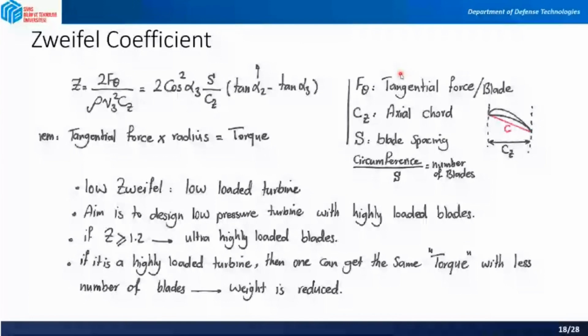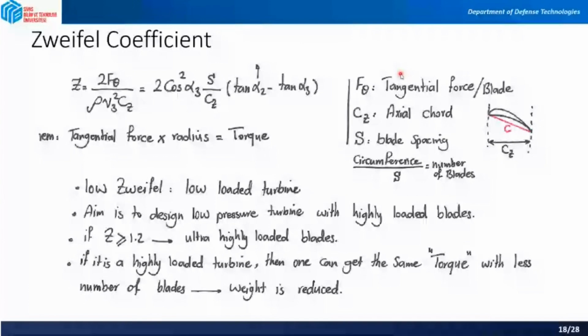So this alpha 2 and alpha 3 are the angles at the entrance and exit of the rotor, right? The angles of your V velocity. And if you remember, you had your torque equal to this tangential force, this F theta, times its radius.